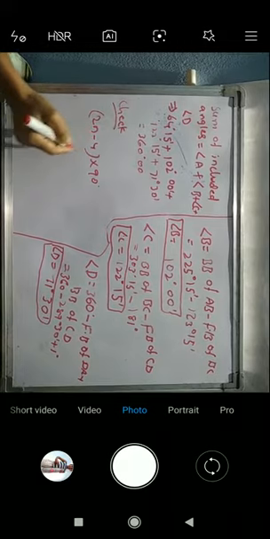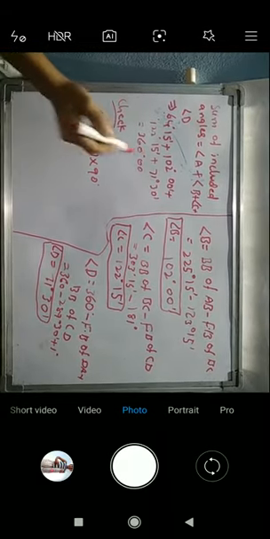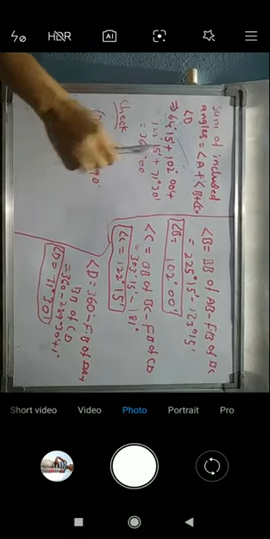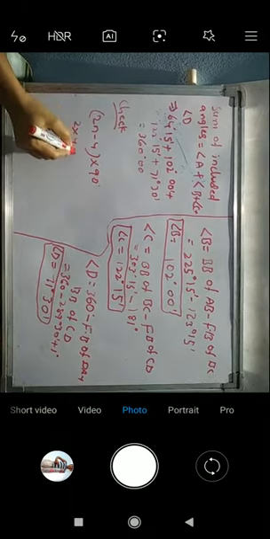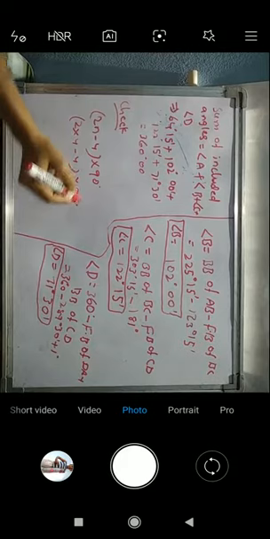Number of traverse sides or legs. n is 4. So 2 into 4 minus 4 into 90.